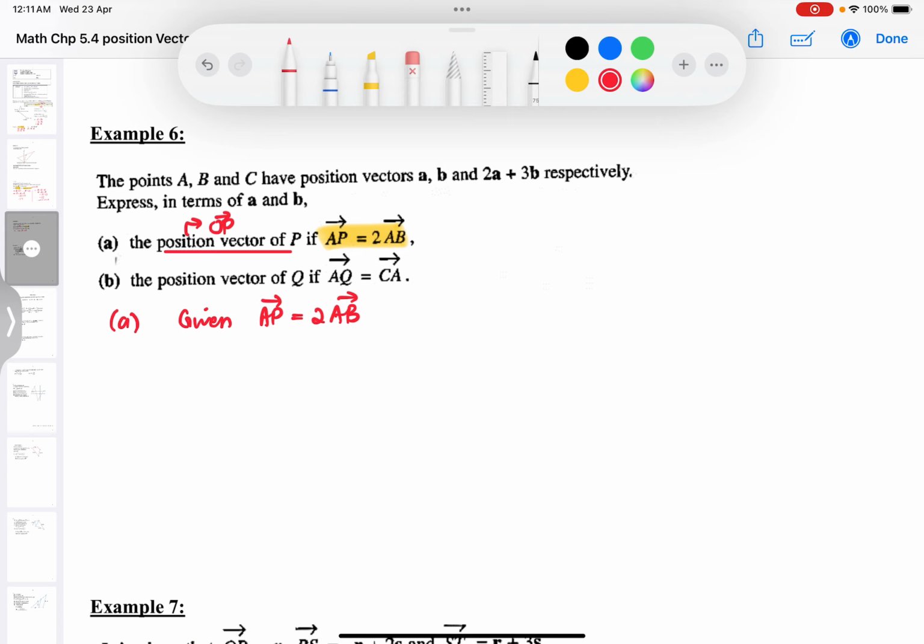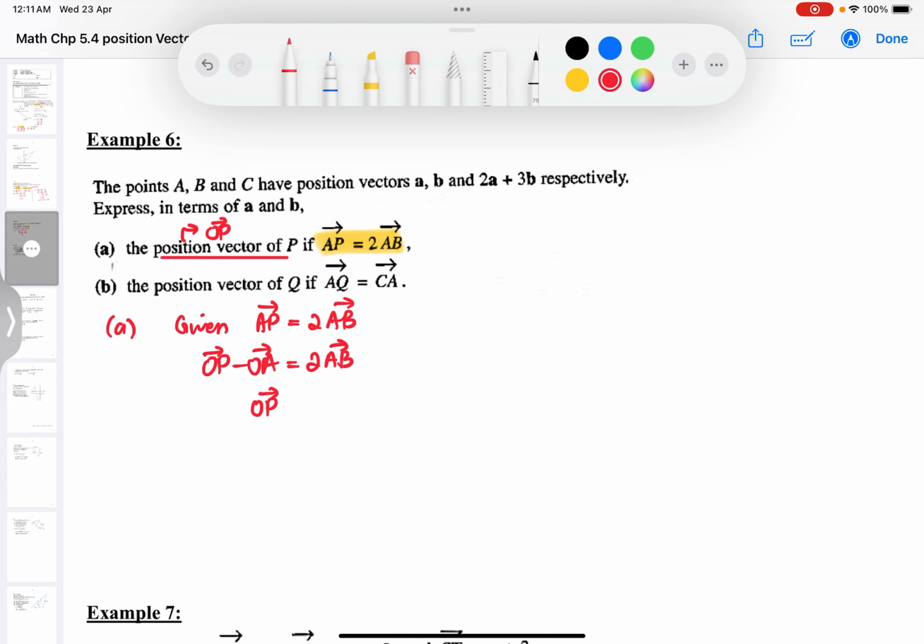I know that AP can be broken down into OP minus OA. This is the formula. So I can just reorder this to find my OP. OP will be 2 of AB plus OA, and AB is given by OB minus OA.